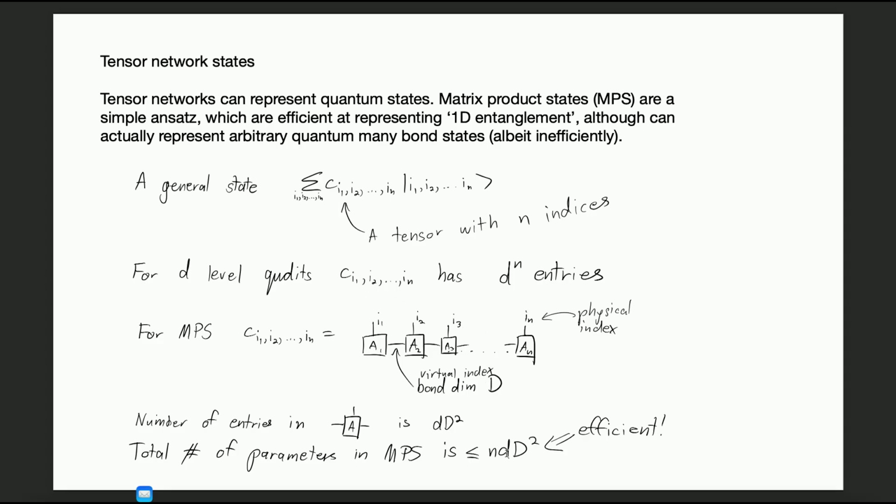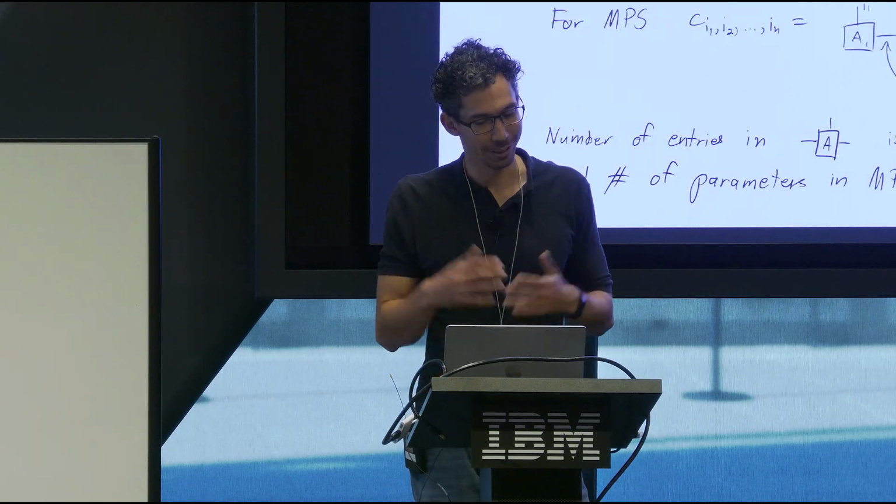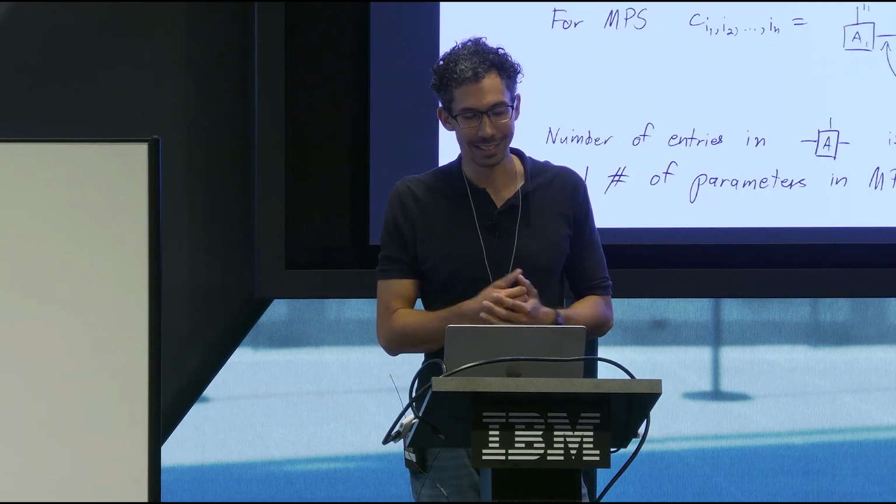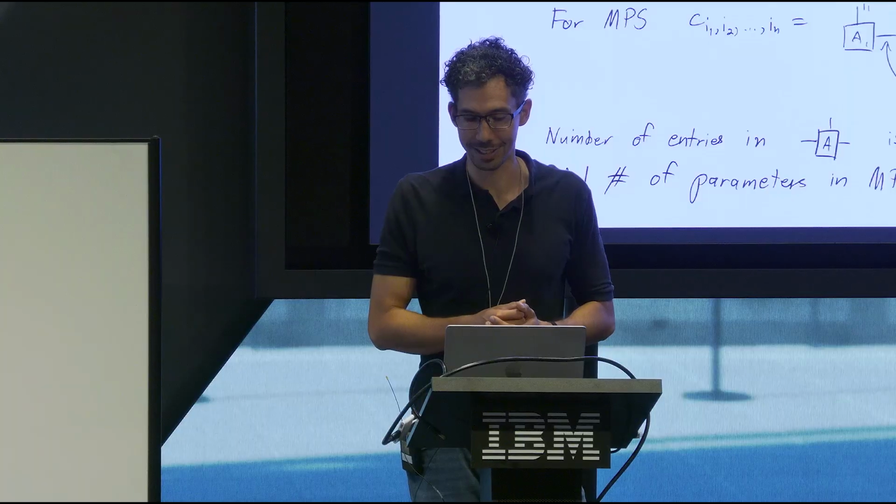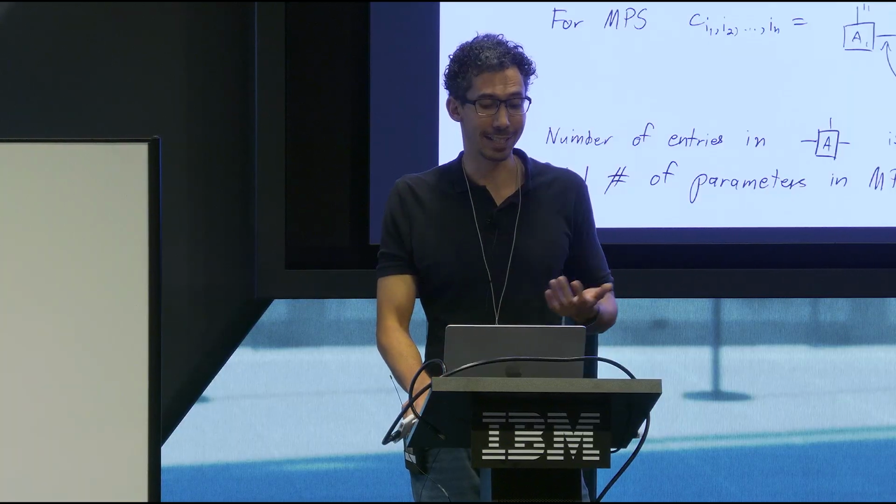What is clear is that if you restrict to a fixed bond dimension, a constant bond dimension in the system size, then you're clearly not going to be able to represent arbitrary quantum states. But you can still represent a large number of states of interest, which might be physically relevant.